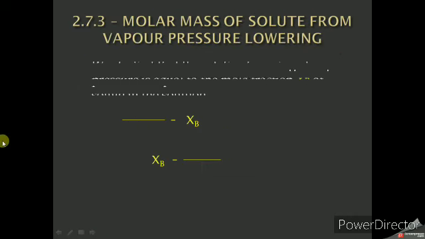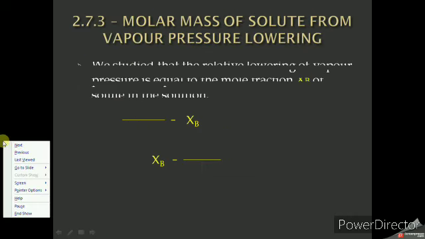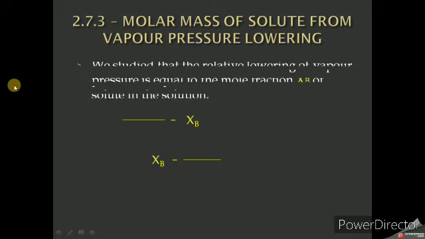Now the next one is how you calculate the molar mass of the solute from the relative lowering of vapor pressure. For that purpose we have to write again the formula for relative lowering of vapor pressure.